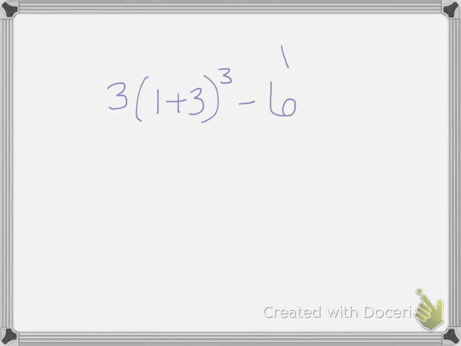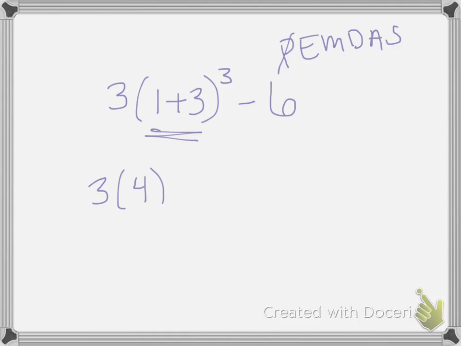Okay, so let's put our PEMDAS out here. Okay, so parentheses. 1 plus 3 is 4. Oops, that's got the cubed on it. Exponents, we got that exponent 3 here, so that is going to be 4 times 4 times 4.